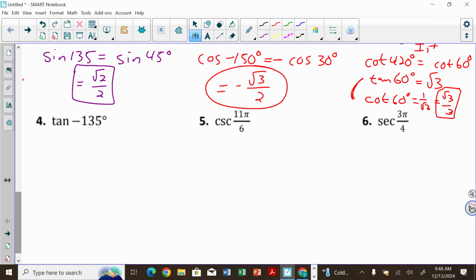Okay, so tangent of negative 135. Again, just finding that reference: if I'm going negative, I'm going this way, so I'm going to be in quadrant 3, and that's going to be a 45-degree angle.